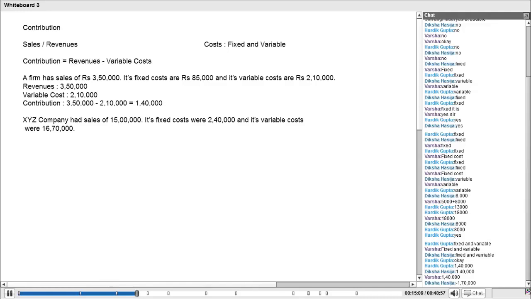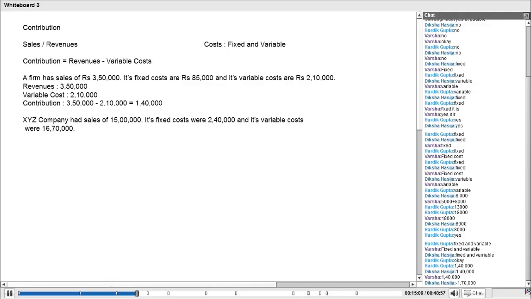So what are revenues in this case? Revenues are 15 lakhs. Variable costs are 16,70,000. So from our definition, contribution is equal to 15 lakhs minus 16,70,000, which is minus 1,70,000.